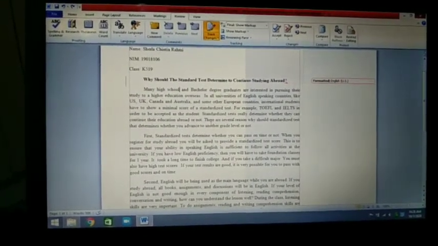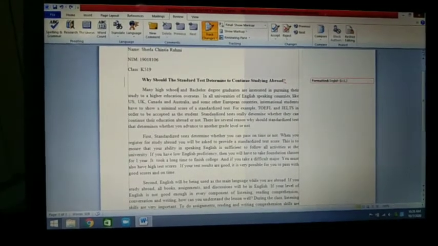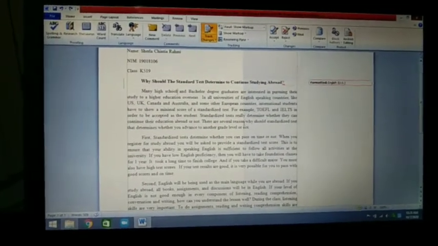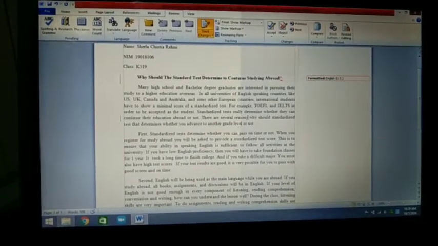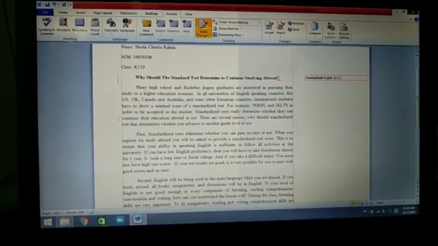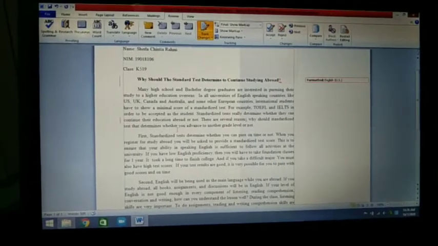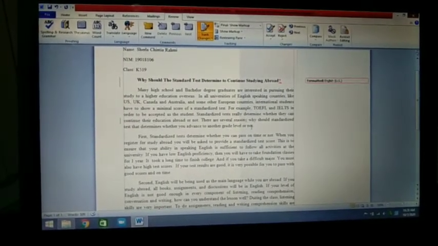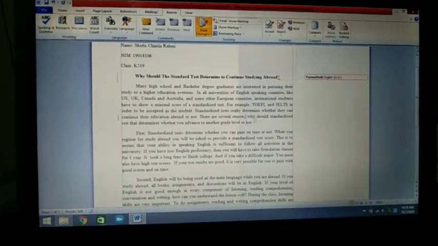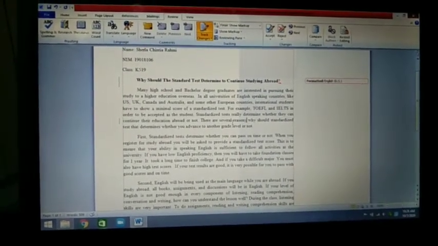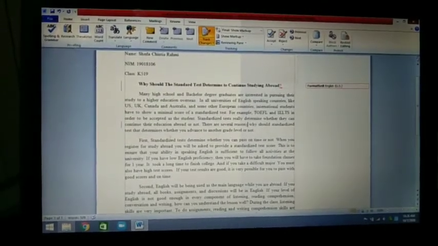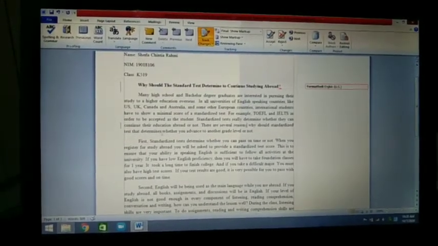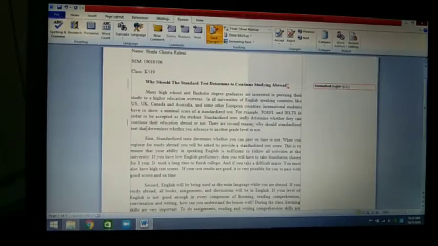Okay. There are several reasons, plural. Why should standardized tests that determines whether you advance to another grade level or not? There are several reasons. Why should standardized tests determine? We don't need that.